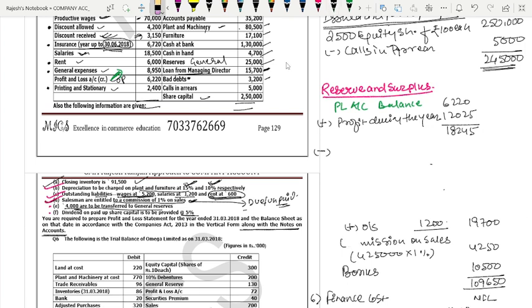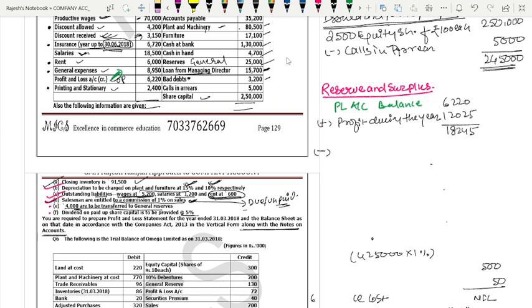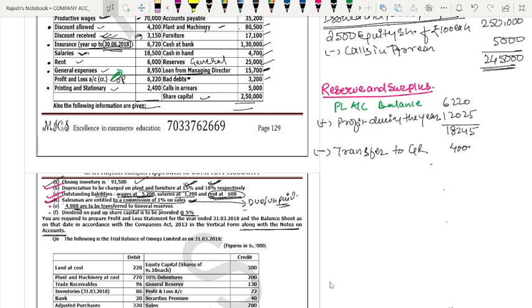You just deduct the amount of transfer to general reserve, 4,000, and minus proposed dividend.